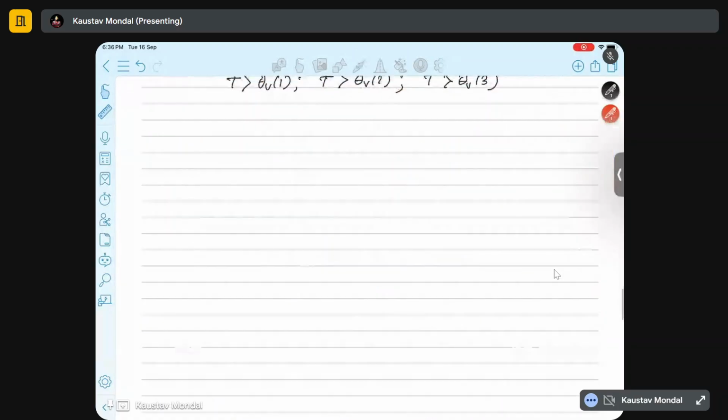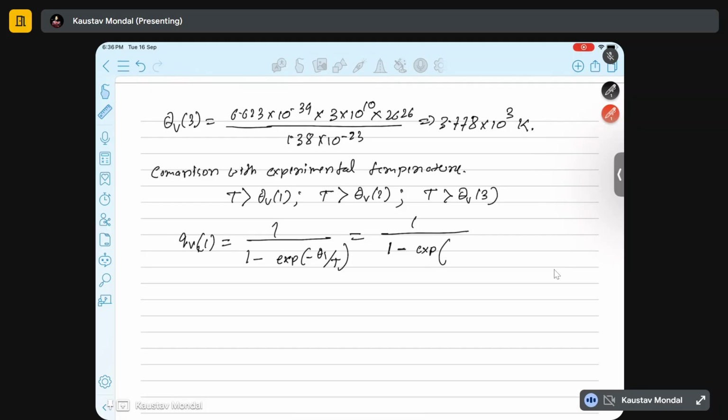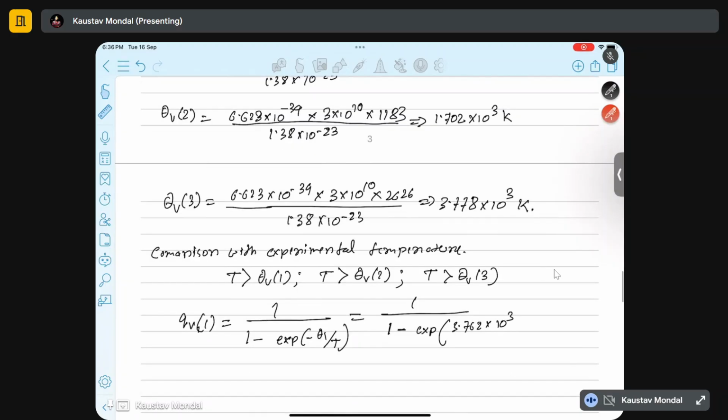For the first case, QV1 we have to calculate first. QV1 would be simply 1 by 1 minus exponential to the power minus theta 1 by T. Theta 1 you already know, 3.762 into 10 to the power 3, the whole thing divided by 1200.